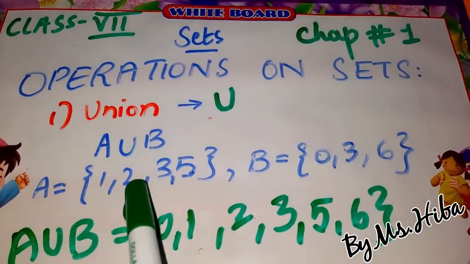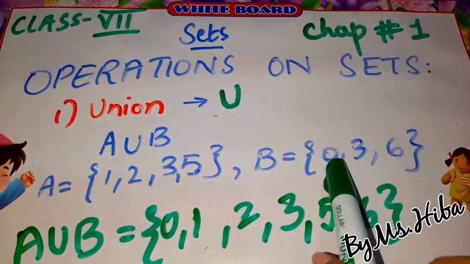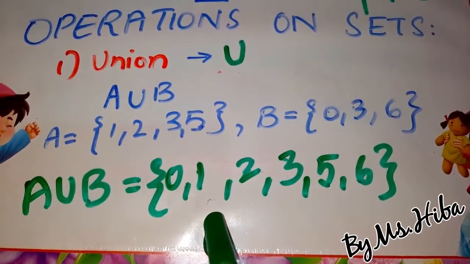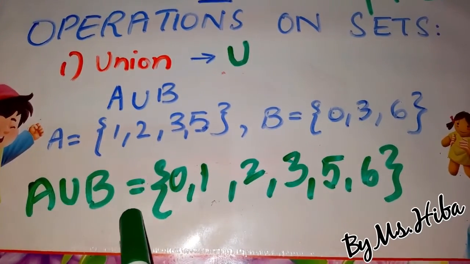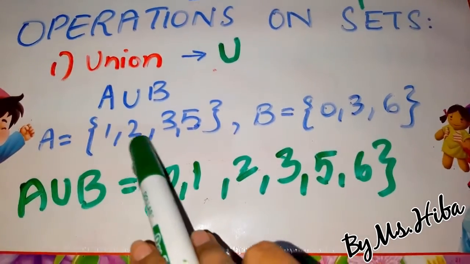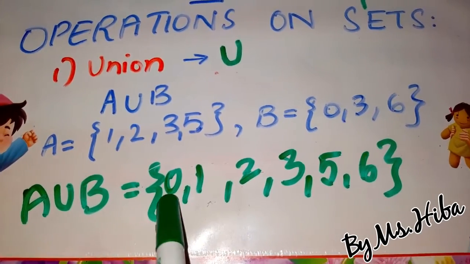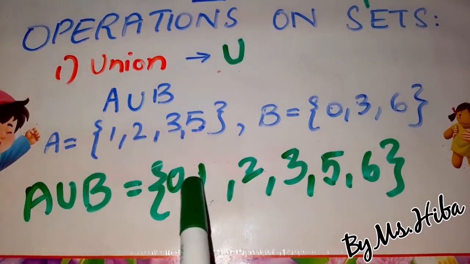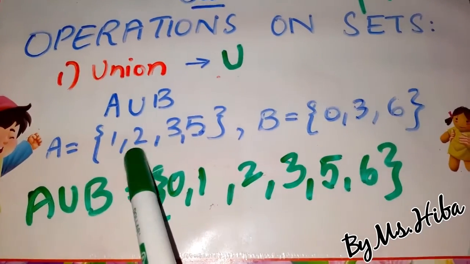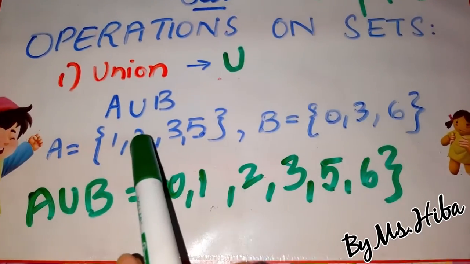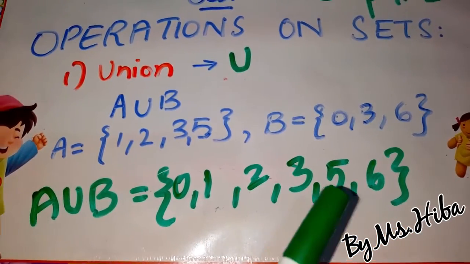So now we have to put all the elements from set A and set B in the set of A union B. Here is the set of A union B. 0 we have in set B, 1 we have in set A, 2 we have in set A, 3 we have in set A and B both. So we have to write it once.